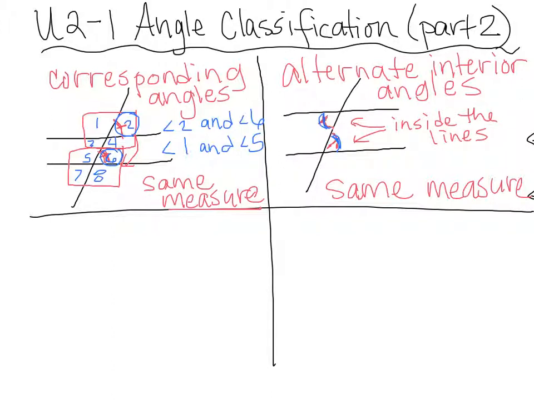All right, we have two more relationships. Let's draw the picture again. Now I'm going to focus on two angles that are on the outside of the parallel lines and are also on opposite sides of the transversal. So one on the left side and then on the outside again of the parallel lines, but on the right of the transversal. So these two obtuse angles. Okay, so these are now called alternate exterior angles.